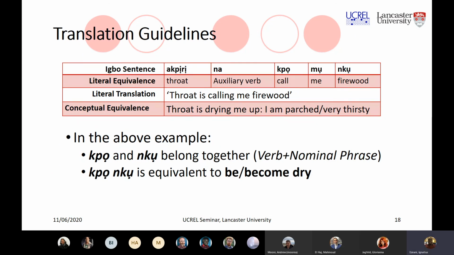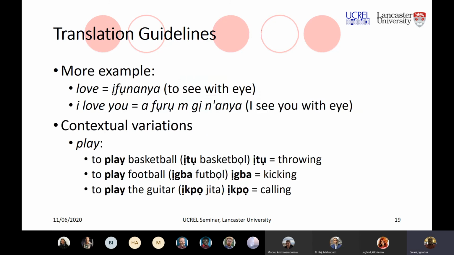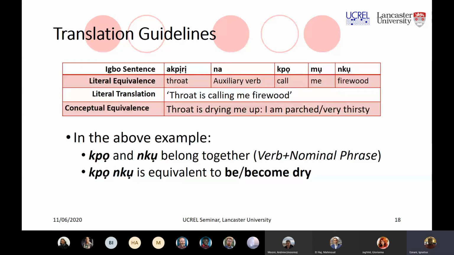If you are talking about being thirsty, for instance, the literal translation of this, if you look at that line, is the throat is calling me firewood. But the meaning is that I am thirsty. And that is because the words that are used in Igbo to construct that, which are akpịrị na akpọ m nkọ, are actually words that have very little to do with being thirsty.